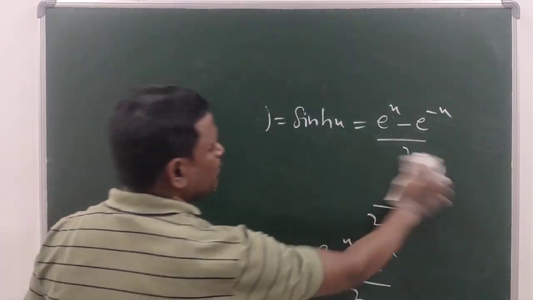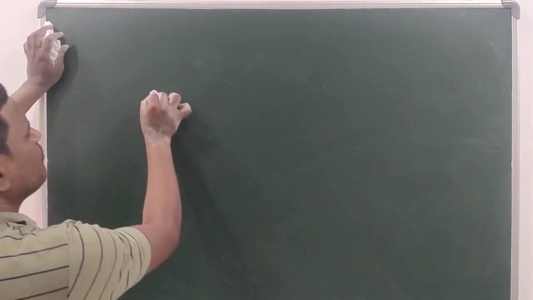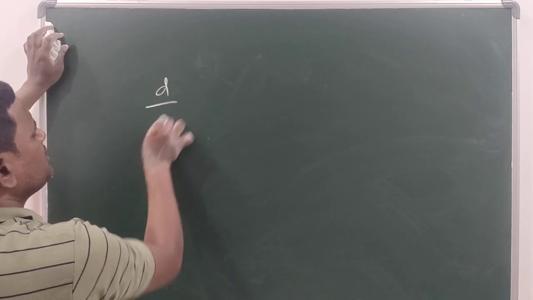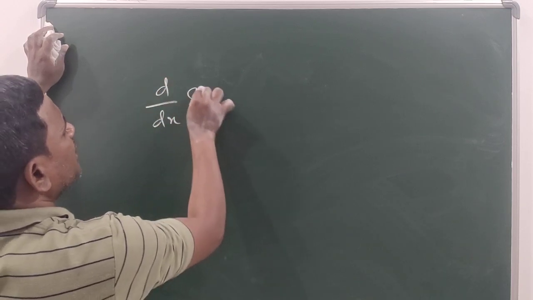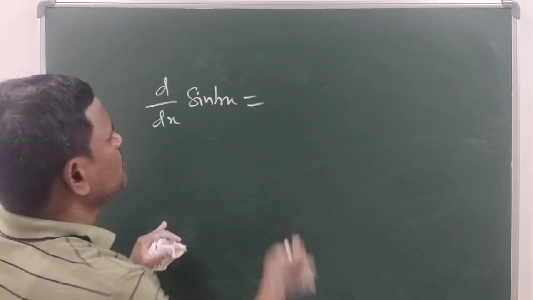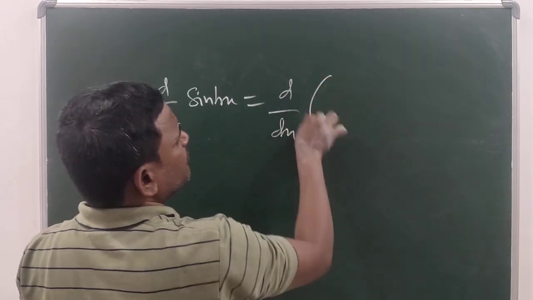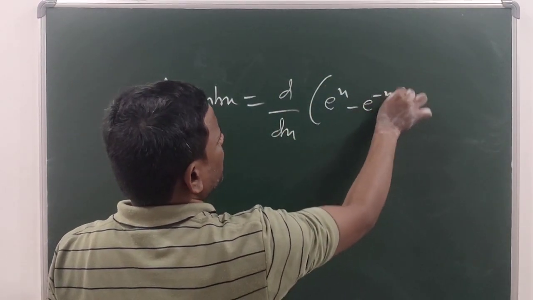So if you want to find the differentiation of sin hx, what do you do? The derivative of d by dx of e power x minus e power minus x by 2.